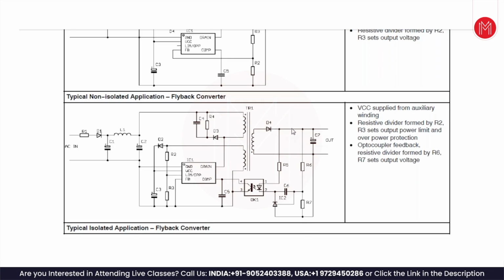If you want 9 volts here, this IC2 is a reference voltage IC. Let's say it is a 3 volt reference voltage IC. If you use a 1K here and a 2K here, 1K gives 3 volts and 2K gives 6 volts, so it will be 9 volts.